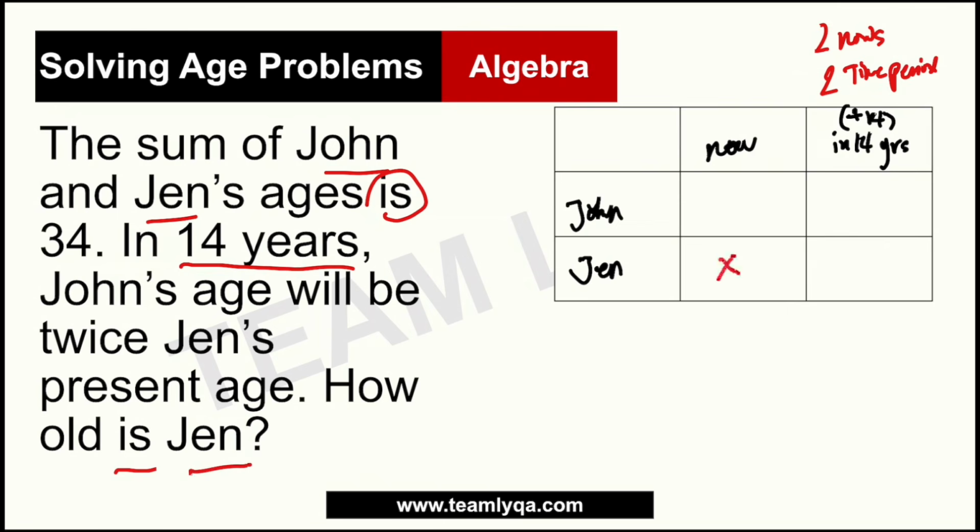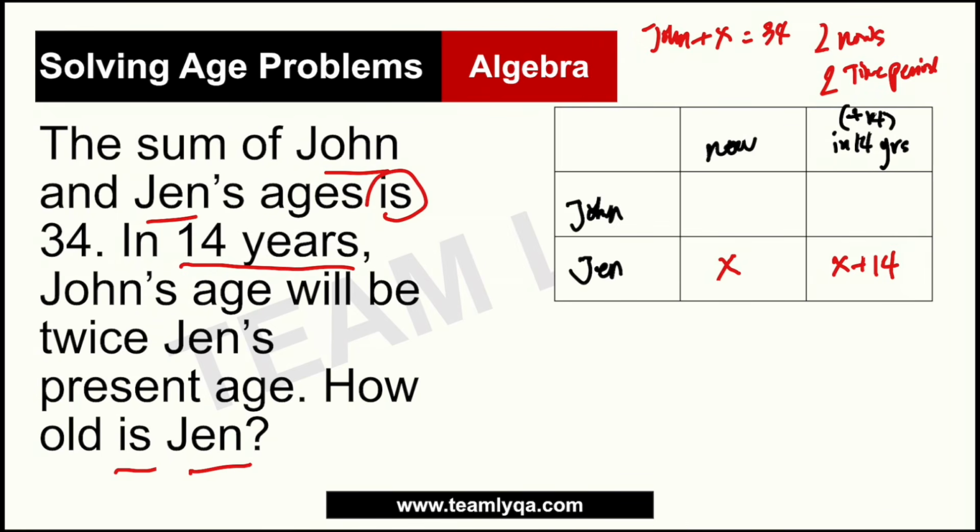Now, pupunuin natin yung information. What do we know about this? Kung si Jen ay X, ngayon, in 14 years, magiging X plus 14 siya. At ilang taon naman si John? Ang sabi dun sa first statement is that the sum of John and Jen's ages is 34. So, if you remember yung ating examples dun sa first video natin sa part 1, kapag merong sum, ang ibig sabihin lang nun is, okay, yung age ni John plus X, which is yung age ni Jen, is equal to 34.